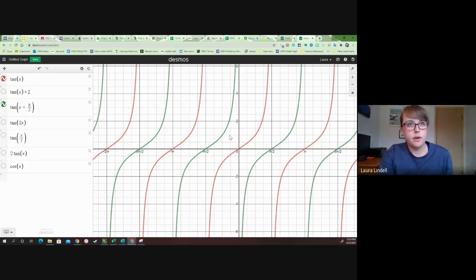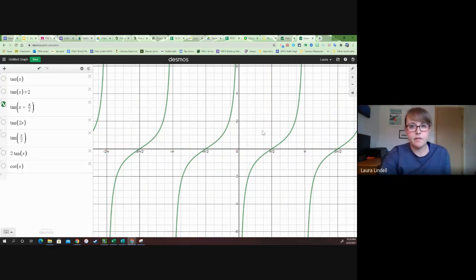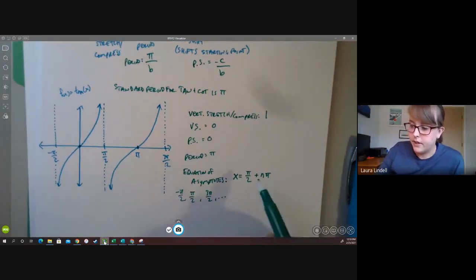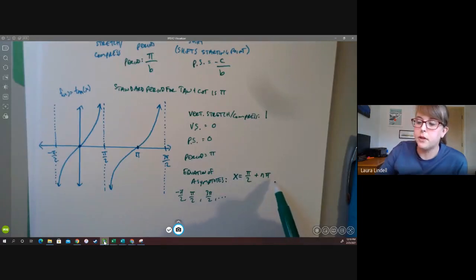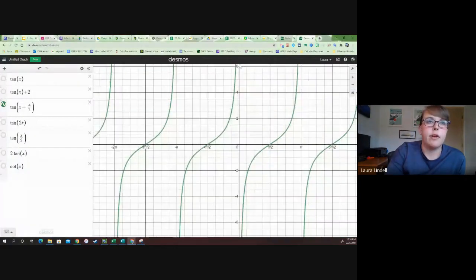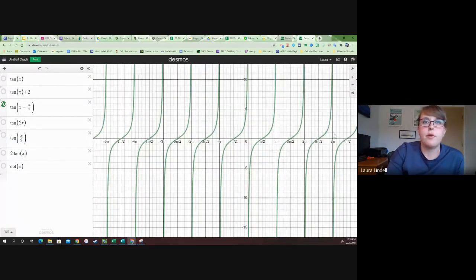So we can see that this one has just taken our regular tangent function that starts off with our point of inflection being at 0 and moves it over. So instead of having asymptotes at kind of like we saw here with the standard tangent function, the asymptotes are no longer at pi over 2 plus n pi, but instead we've got an asymptote at 0, at pi, at 2 pi, 3 pi.